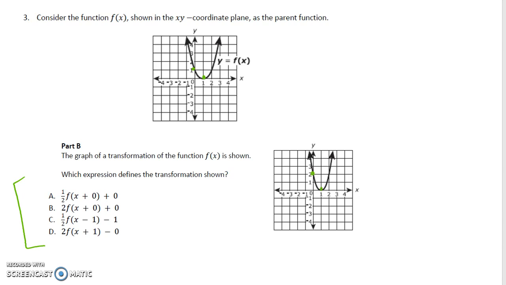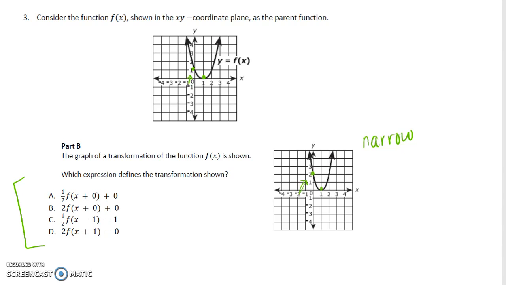So what's happening is this graph, if you look very carefully, is getting more narrow. What that means is it is reaching higher faster. It is going up at a faster rate. So the intercept here was at 1. The intercept here is at 2.